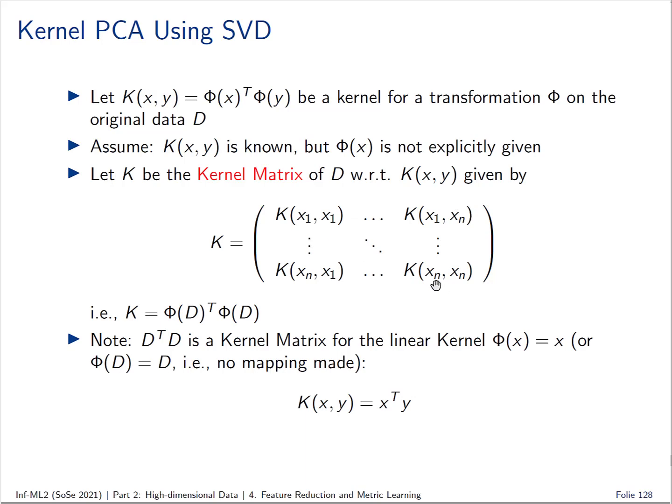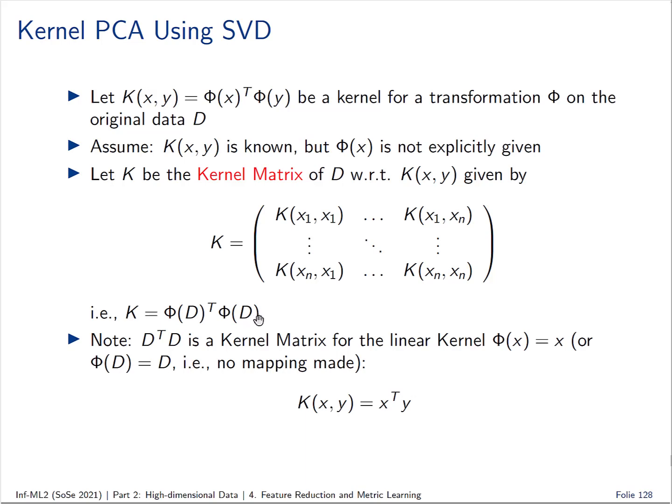And this kernel matrix, if you take a closer look at it, looks pretty much the same as if we would have applied the phi transformation to our data set and then computed this new representation transposed times itself.